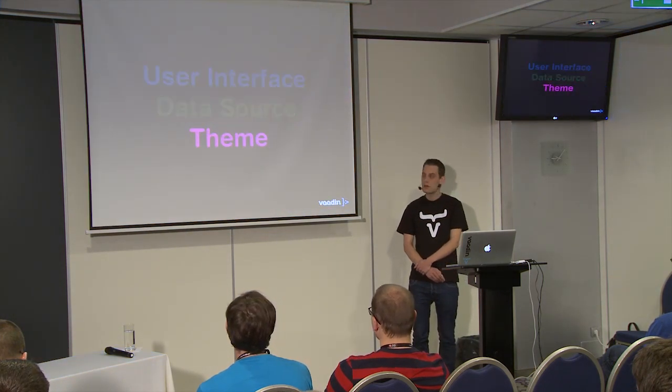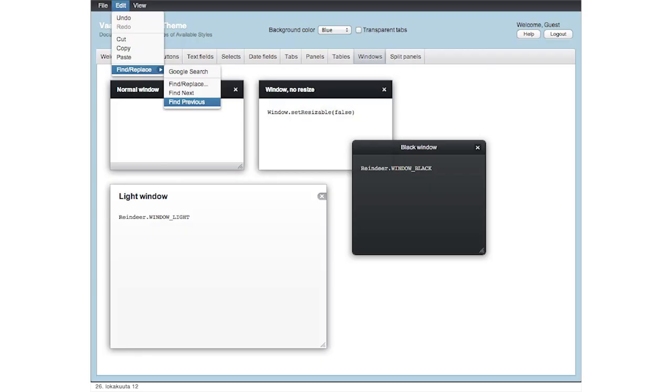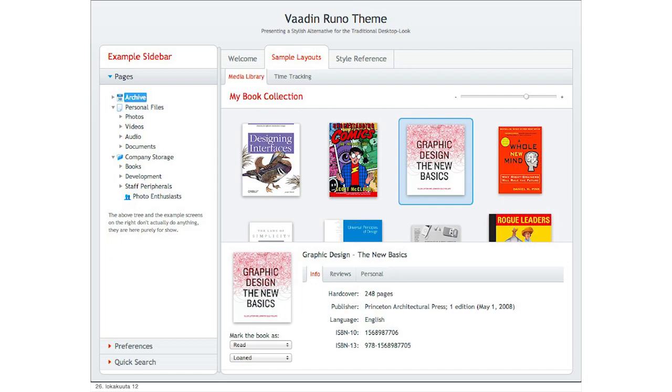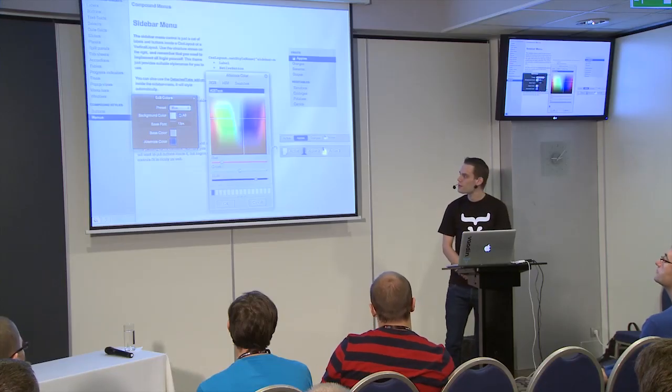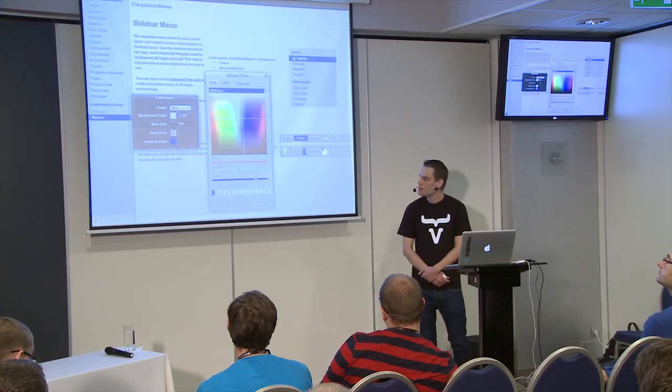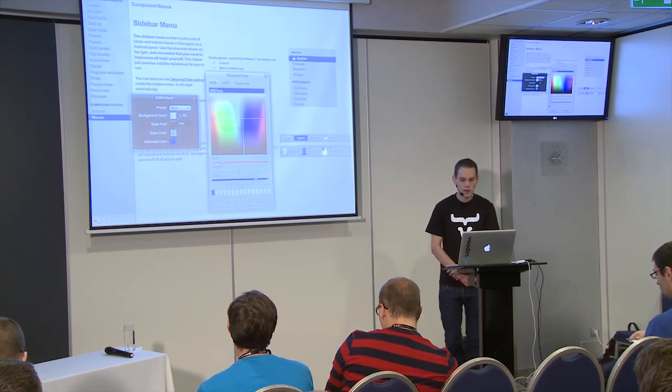We also provide built-in themes in Vaadin. We have different themes available. We also have a theme editor that you can choose the base colors for your theme, and then you can generate a jar file and put that theme into your Vaadin project, so you can easily create a theme that is a bit customized for your needs.